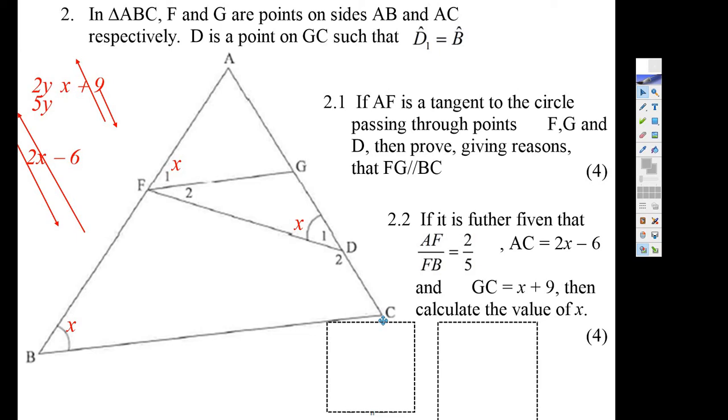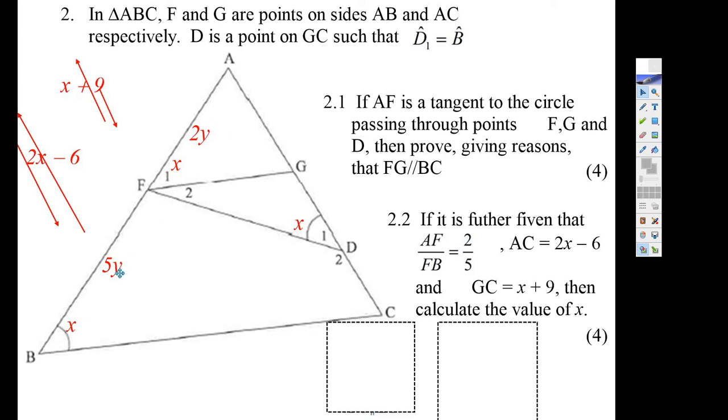It's further given that the ratio of AF to FB is 2 to 5. Now, I don't put the numbers 2 and 5 on here because if I did, you might think it's 2 centimeters. So I don't know exactly what this distance is, but I know the ratio is 2 to 5. That's why I put 2y and 5y, just so I don't get confused later on.